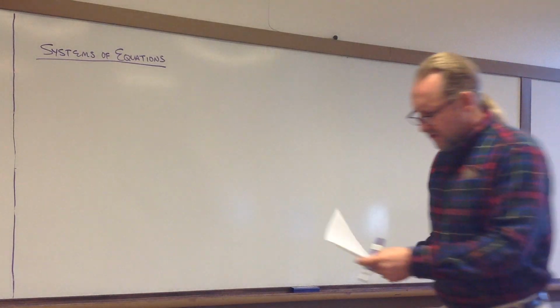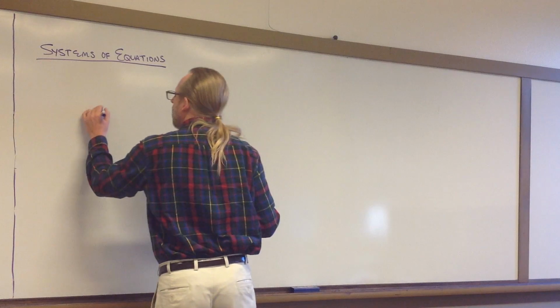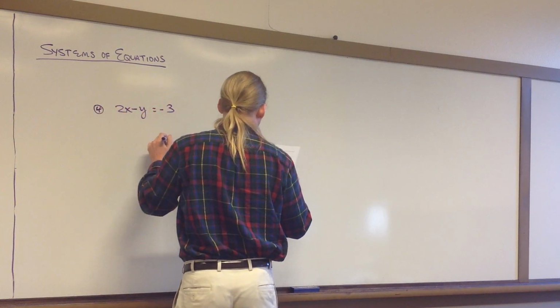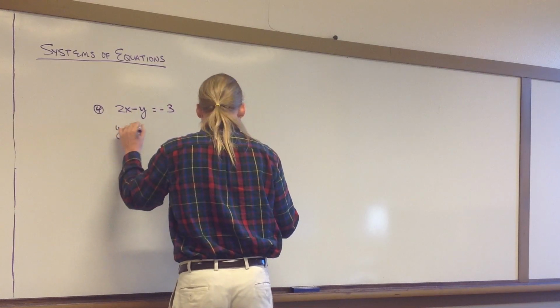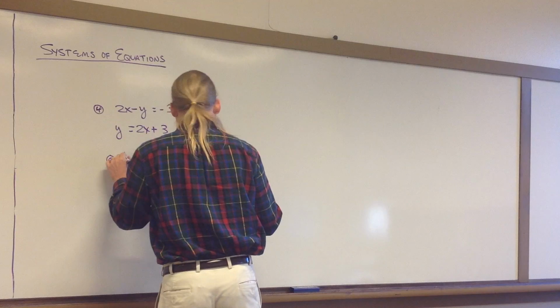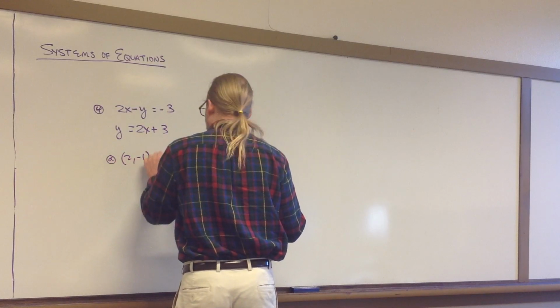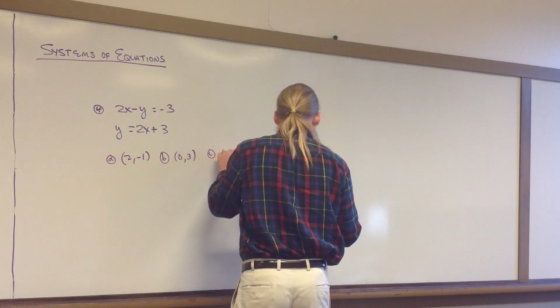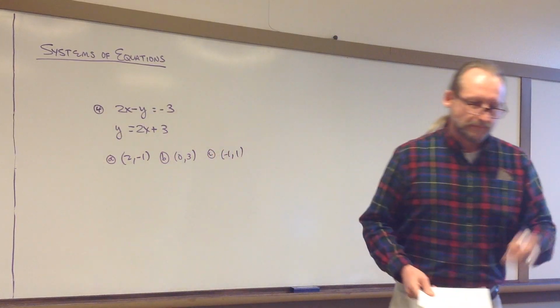Problem 4, 2x minus y equals -3, and y equals 2x plus 3, and our ordered pairs are 2, -1, 0, 3, and -1, 1.